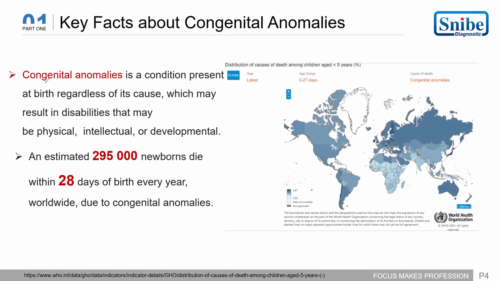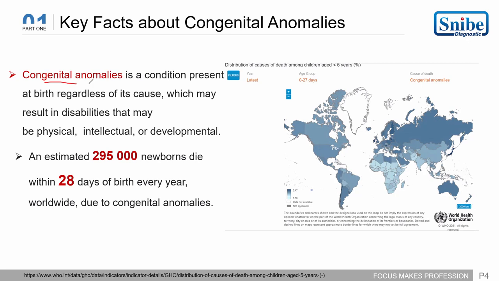If we talk about congenital anomalies, basically it is a condition in which, by birth, there is some defect, which may be due to physical, mental, or developmental disabilities occurring in the newborn. That's the reason we call them congenital anomalies or abnormalities.